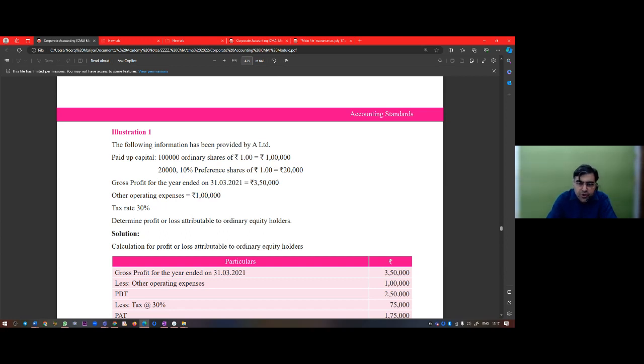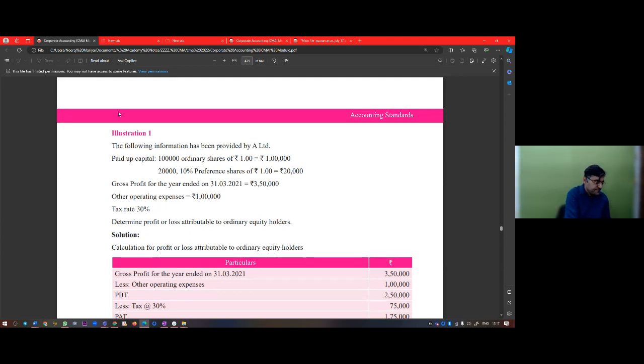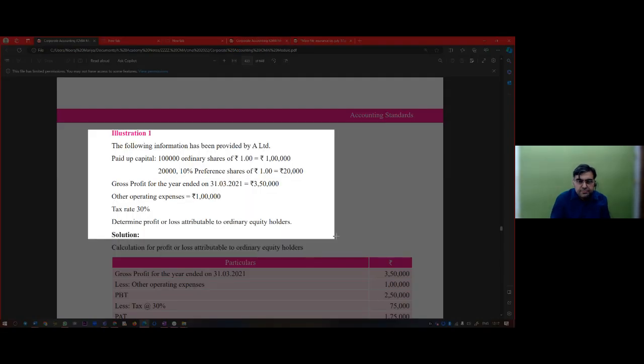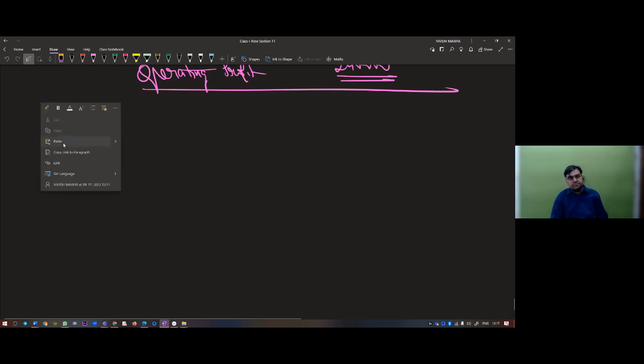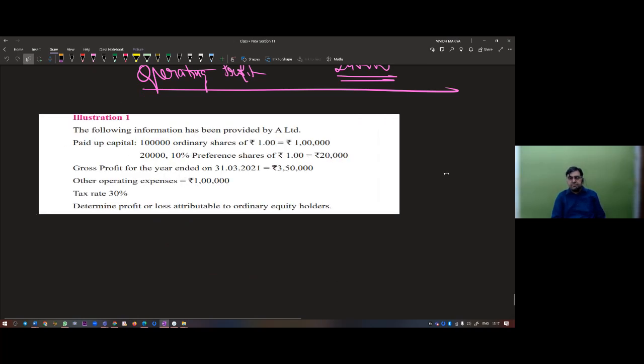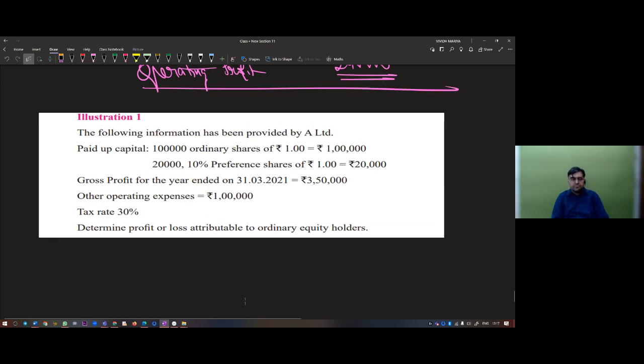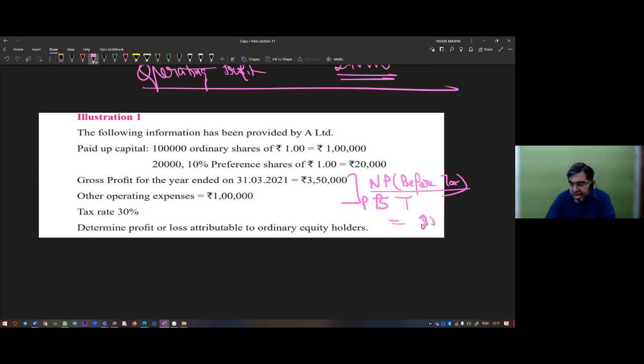So the net profit before tax, you call it PBT, profit before tax, is 2,50,000, 3,50,000 minus 30%.